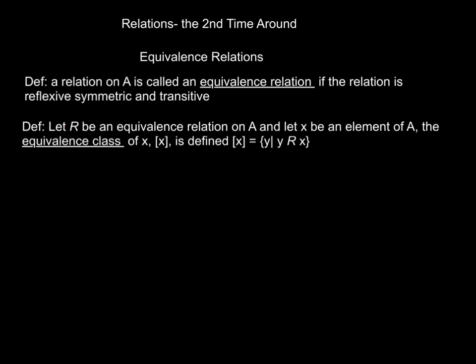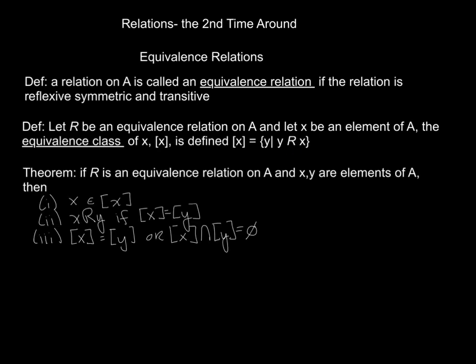Let R be an equivalence relation on A, and let x be an element of A. The equivalence class of x, denoted with brackets, is defined as every y such that y is related to x. We'll do an example of this, but first let's look at the theorem.